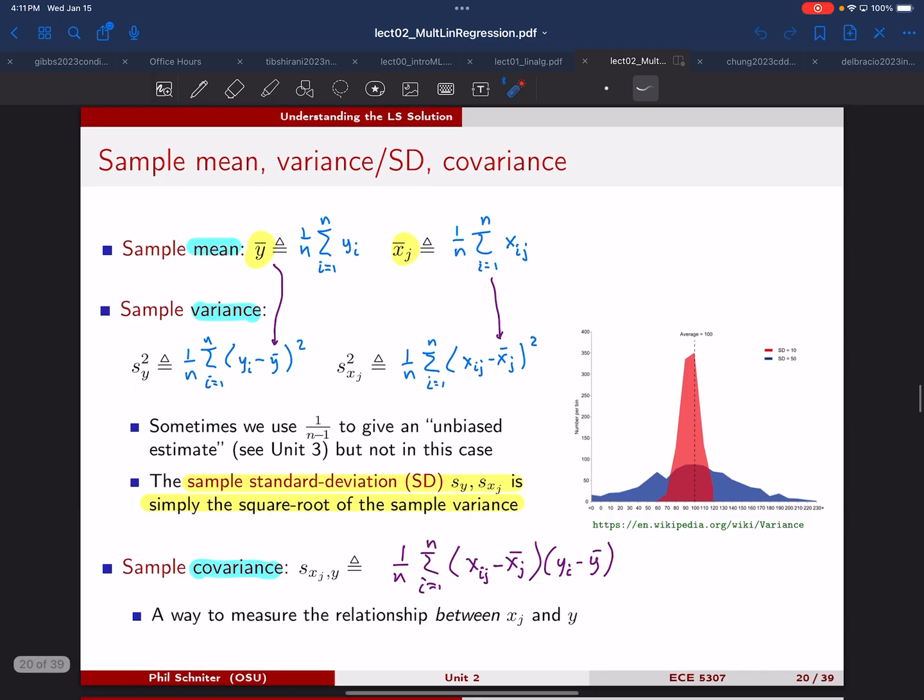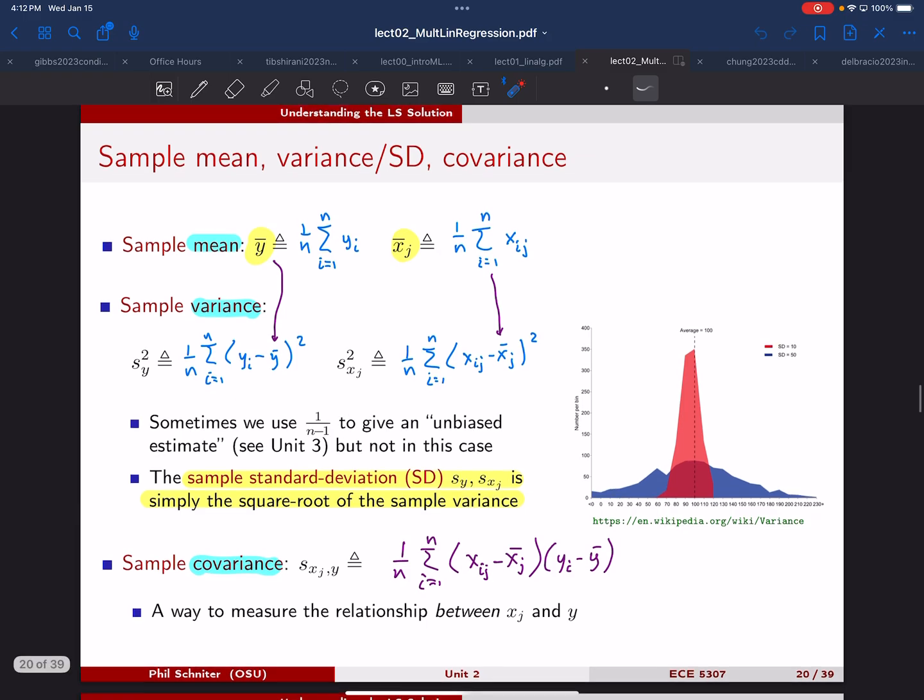And then we went through a quick review of some basic sample statistics, like the sample mean, which is just the arithmetic average of a list of numbers. So we have the sample mean, for example, of the targets y. We're always going to refer to that with a bar. Sample variance, which is the average squared deviation between y and its mean.